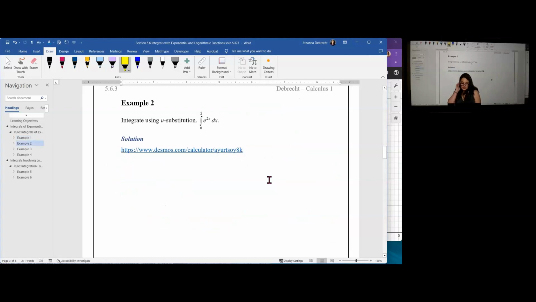Let's now move on to example 2. Looking at example 2, we first want to recognize whether we have a definite integral or an indefinite integral. We'll still be looking for an antiderivative function, but this tells us whether or not we're going to have to return to the original variable or if we can completely switch over to u.